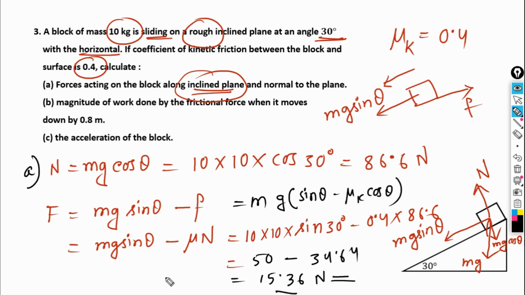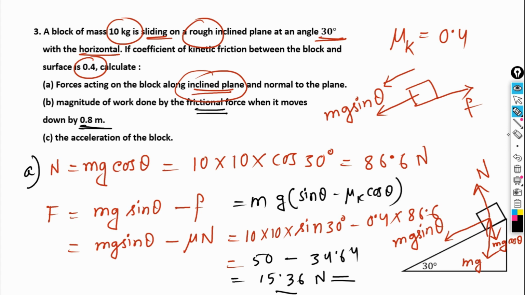Understood? Now come to the magnitude of work done by the frictional force when it moves down by 0.8 meter. It is moving down the inclined plane and the length of the inclined plane is given as 0.8 meter. So we have to find the work done by only the frictional force.